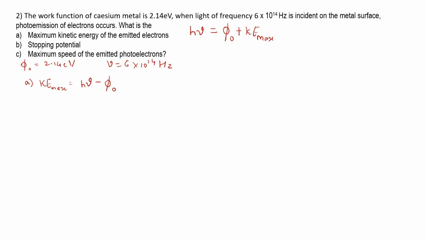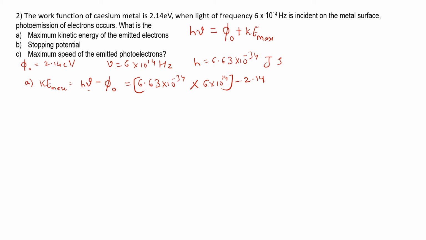That equation only we are using here. h is the Planck's constant, 6.63 into 10 raised to minus 34 joule second. We will substitute that here. Next, nu is 6 into 10 raised to 14. This is h nu, in brackets, minus the work function.